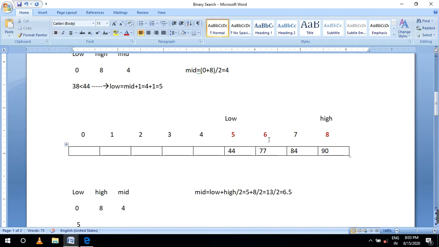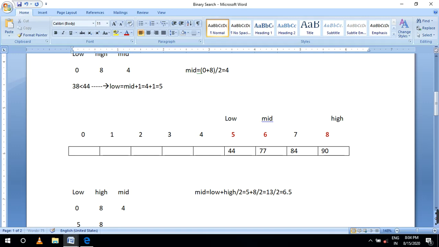Now the middle value is 6. At that time you are searching for the element 44. Sorry, the high value first. The high value is 8.